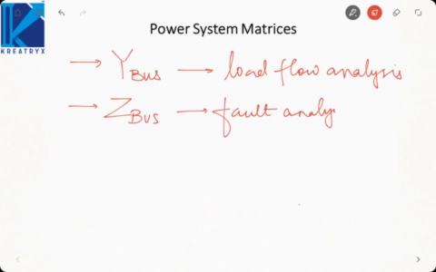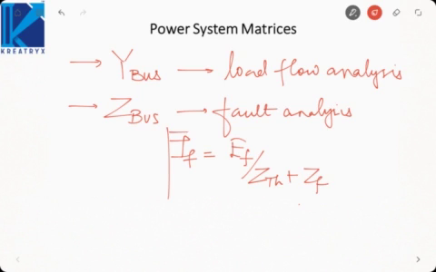Now what was fault analysis, since we covered it earlier? Fault analysis means we have to determine the fault current when there is a fault on any bus in a power system. Up to now, what we have seen is we can calculate fault current directly, like for a symmetrical fault: we find the equivalent impedance, then equivalent plus ZF.